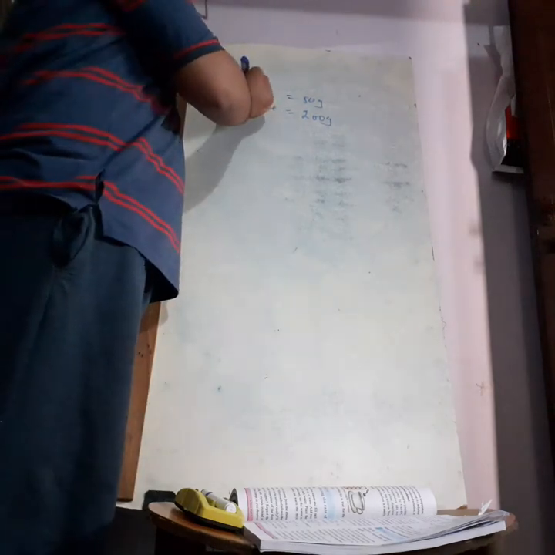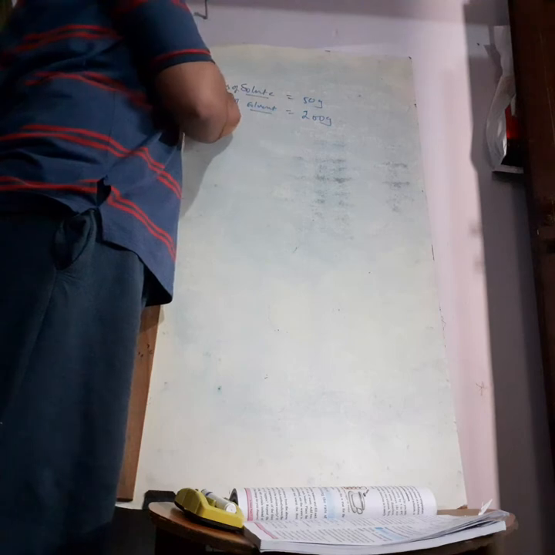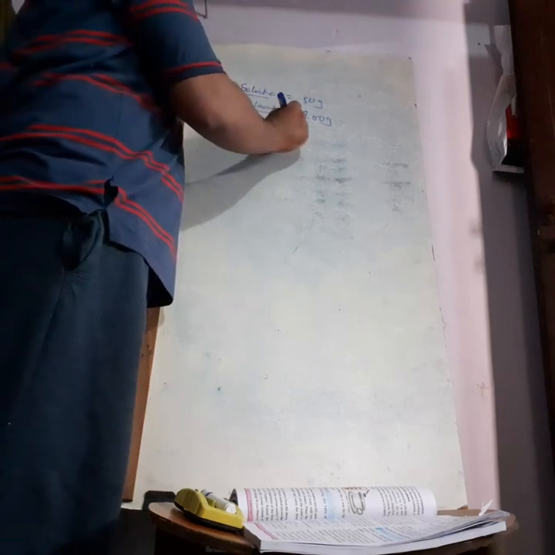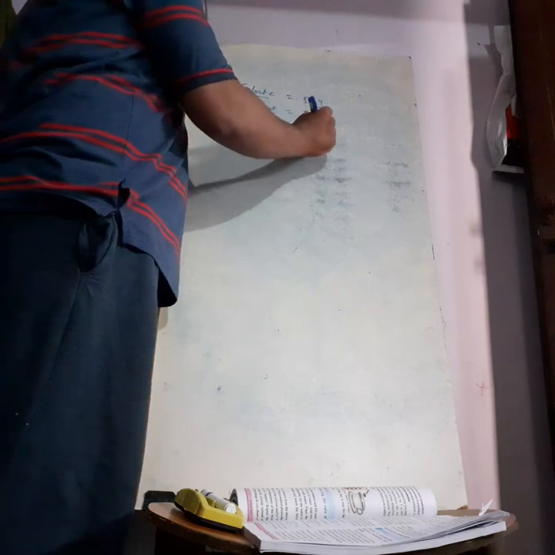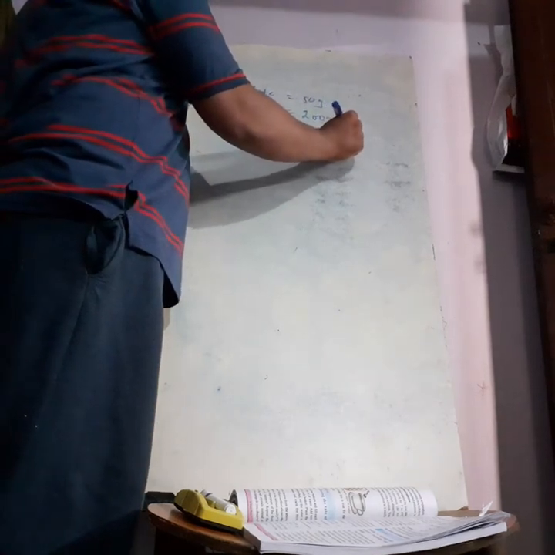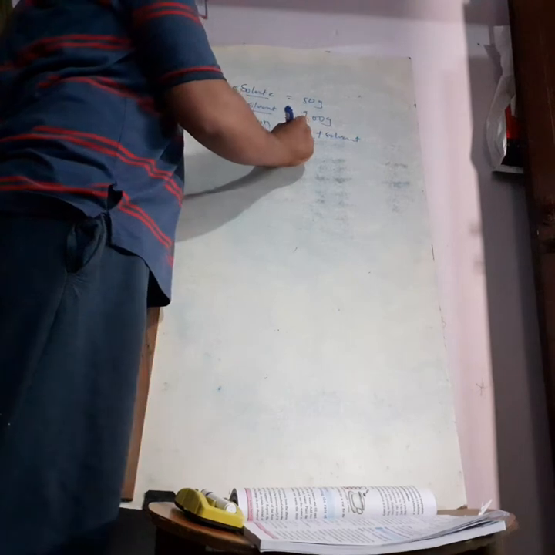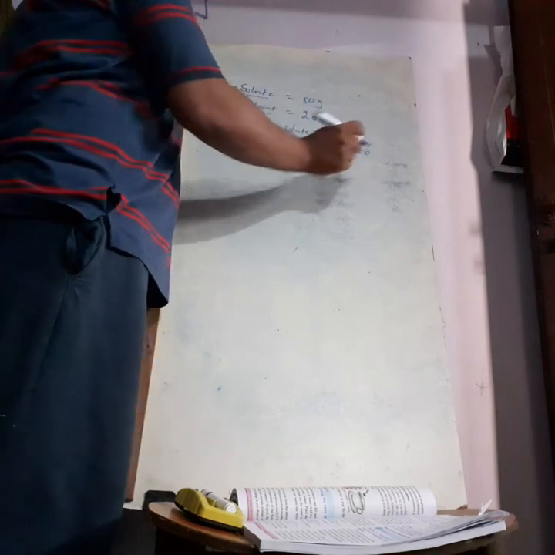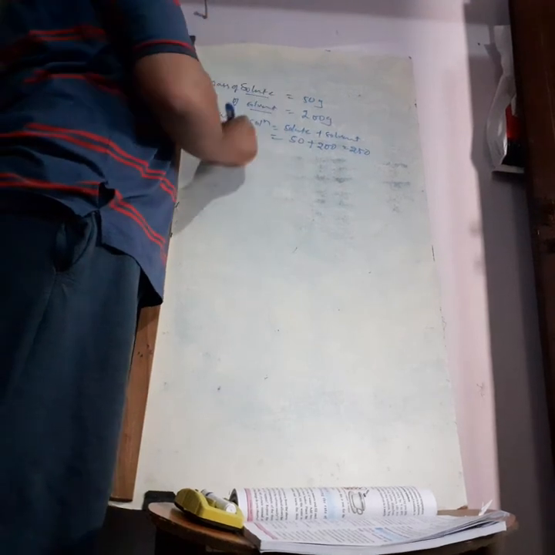Here he has given you the solute and solvent, but I want the solution. Mass of the solution is equal to solute plus solvent, which is 50 plus 200, equal to 250. I got the mass of the solution and I have the mass of the solute.